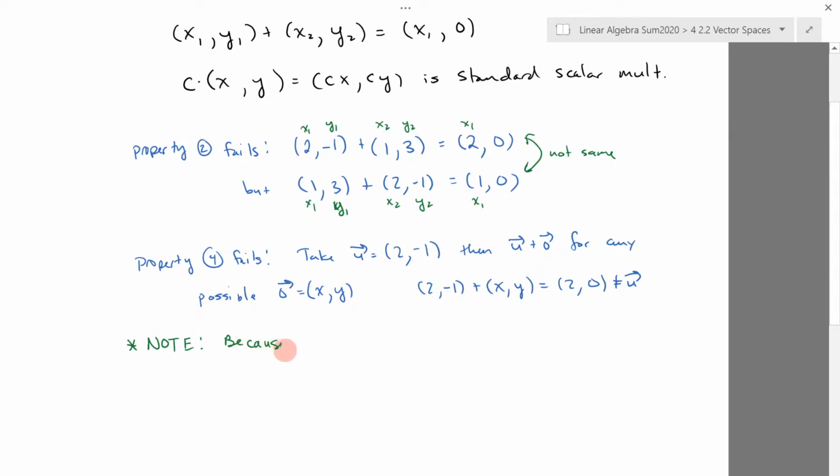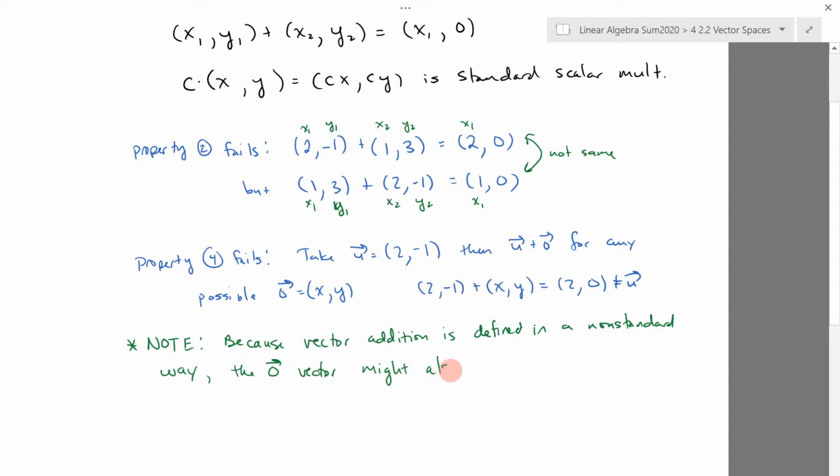So because vector addition is defined in a non-standard way, the 0 vector might also be non-standard and may not necessarily be, in this case, 0 comma 0.